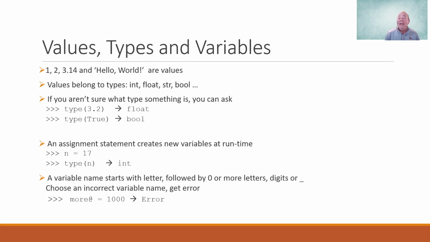So, for instance, a space is a character, and when you put a space in a string, like the space between hello and world, we have to record a space in there. And so a string is essentially a group of characters that are treated together. They're a holistic group of characters, a word, a sentence, a paragraph, whatever. At the end of the day, that's what a string is.